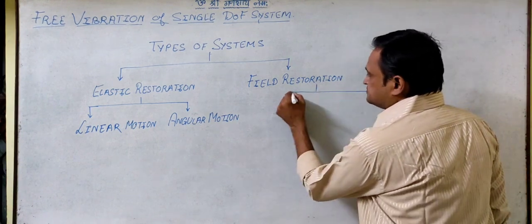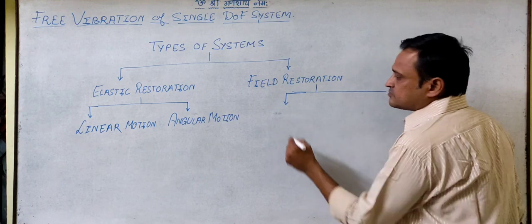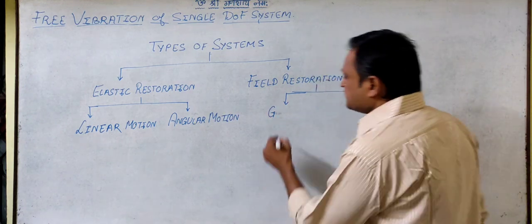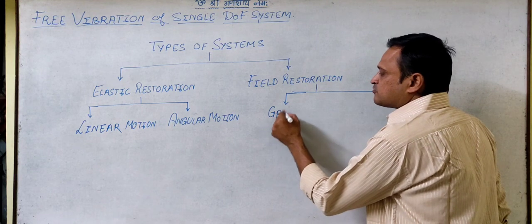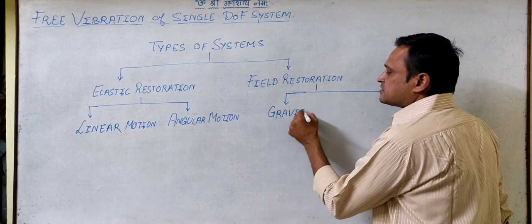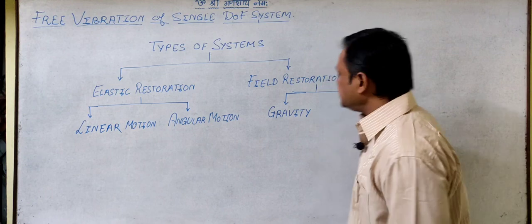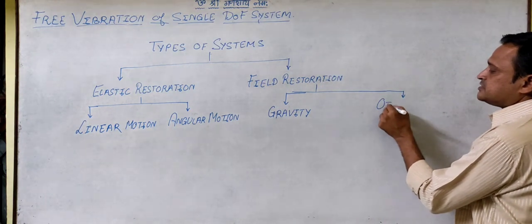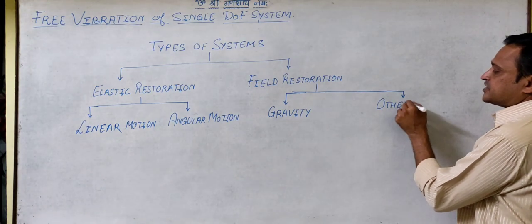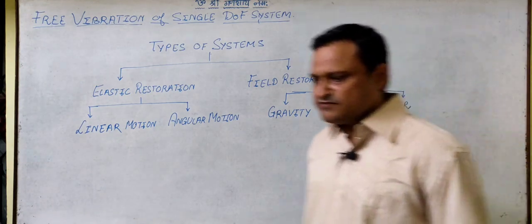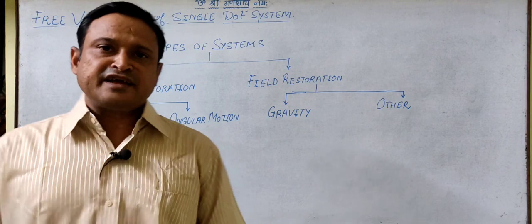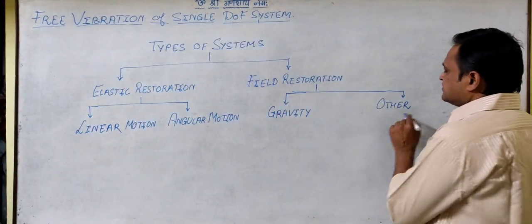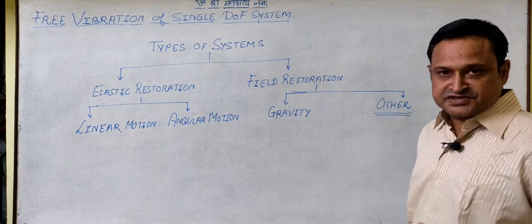And by field restoration, we mean when the field is affecting the equation of motion. So the restoration is due to gravity, or it can be some other influencing medium, can be a magnetic or electric field or something like that. We will not be getting much deeper into this right now.